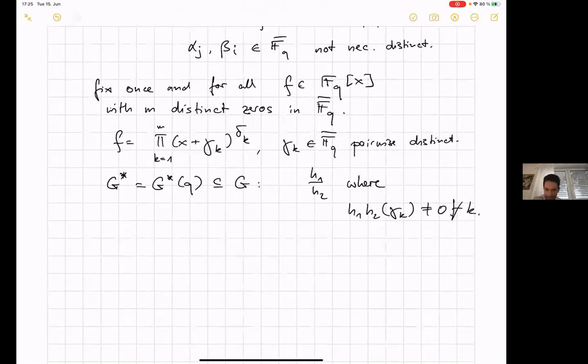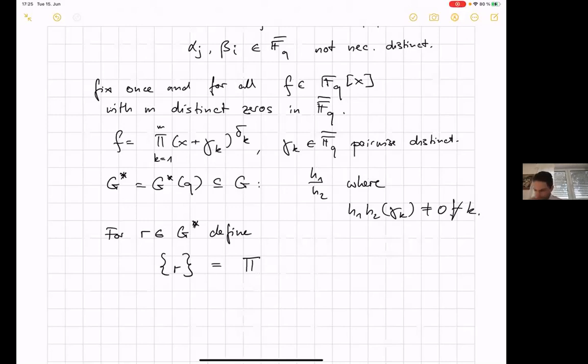Okay, and now I define a character. So for R in G star, define a character that I call, following Schmidt, curly parenthesis R. This is the following thing.